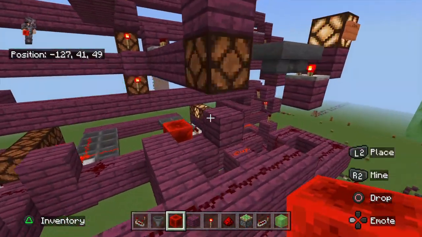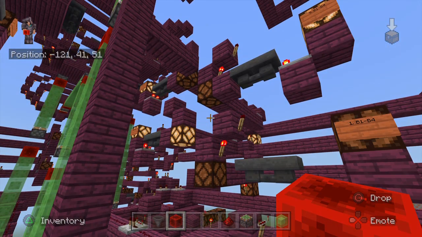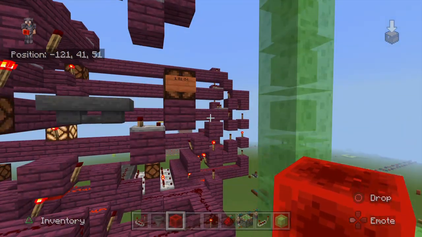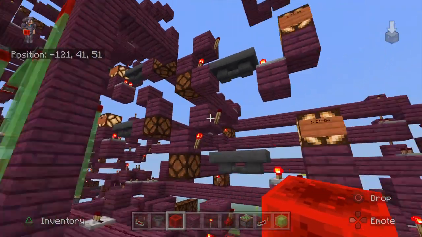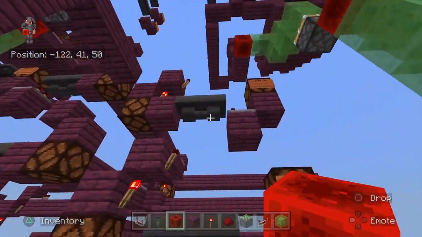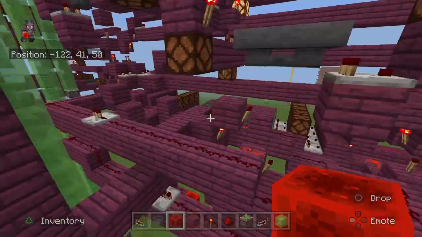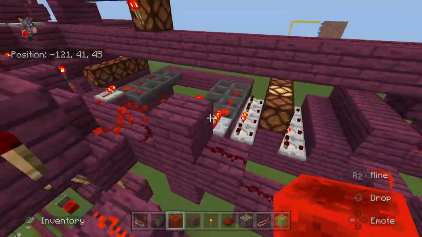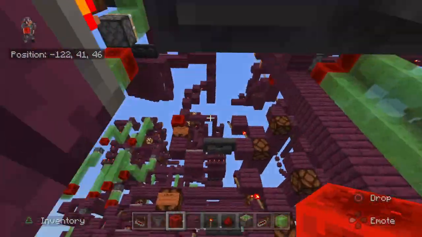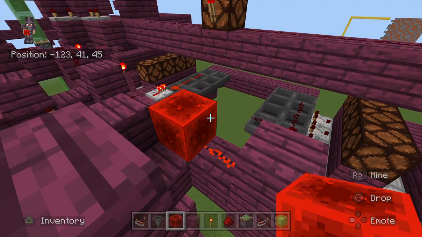If I attach that there, you can see the nodes are being hit in order 1, 3, 5, 7. Let that run through, reset it.